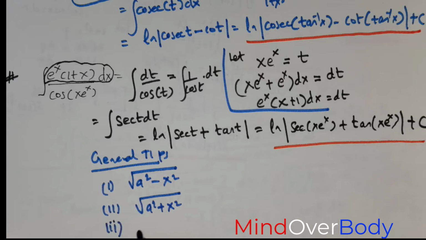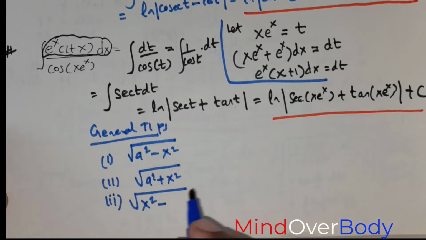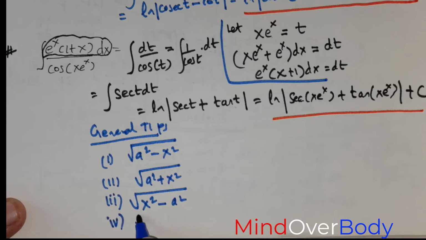Question 3, square root of x squared minus a squared. And question 4, square root of a squared minus x squared divided by a squared plus x squared. So you got this entire square root flowing.